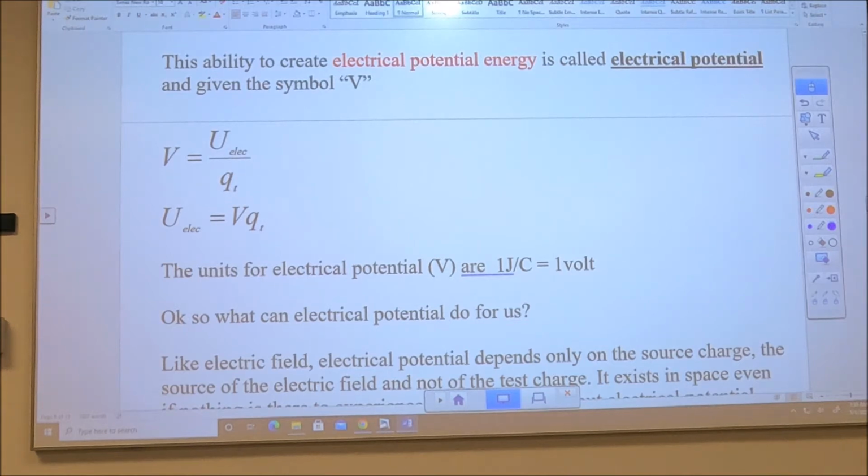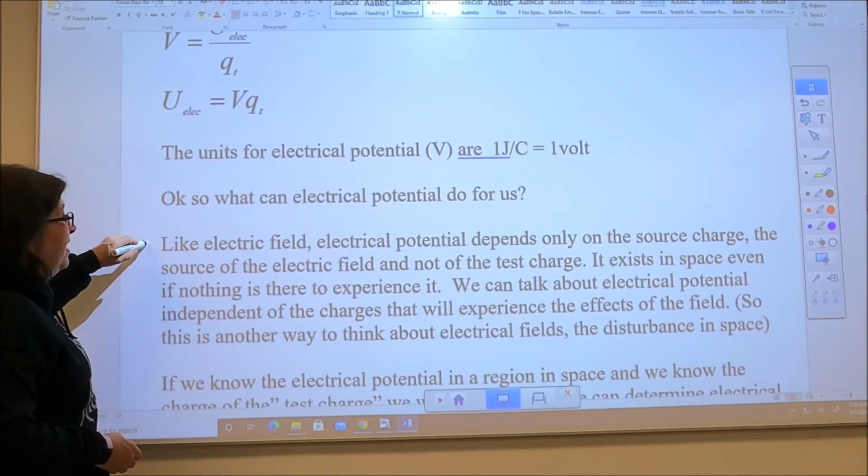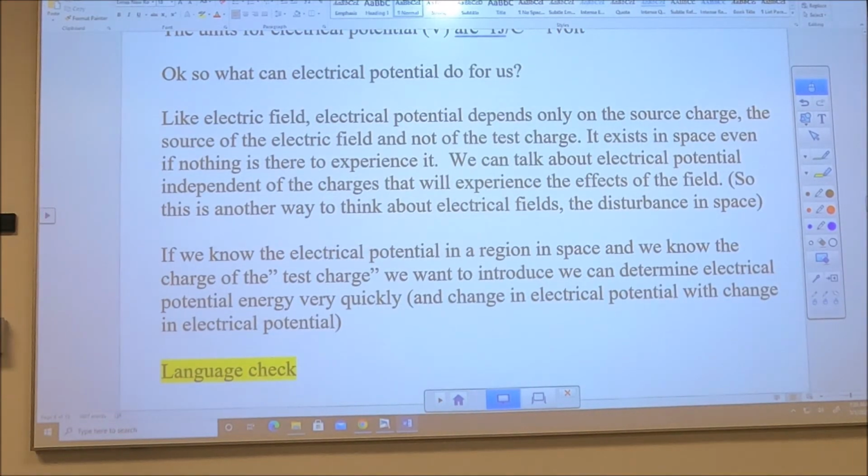It's something that exists in a region of space that depends only on the source charge and not on what the test charge is, and it's there whether anything is there to experience it or not. So it exists in space even if nothing is there to experience it. We can talk about electric potential independent of charges that can experience the field.